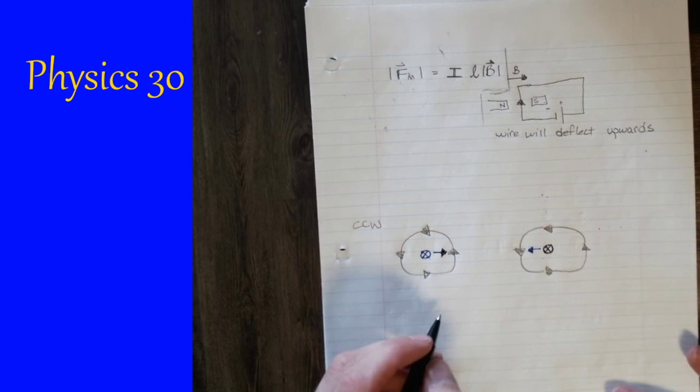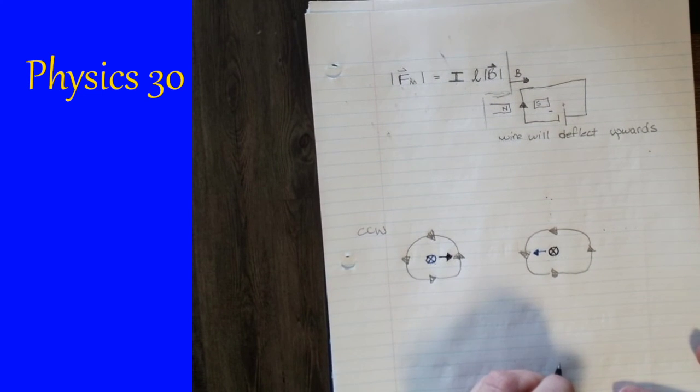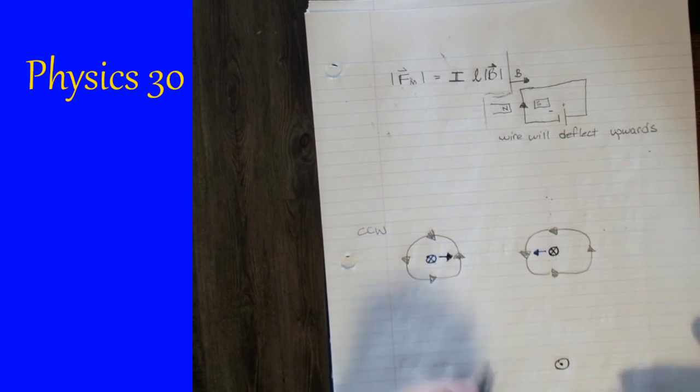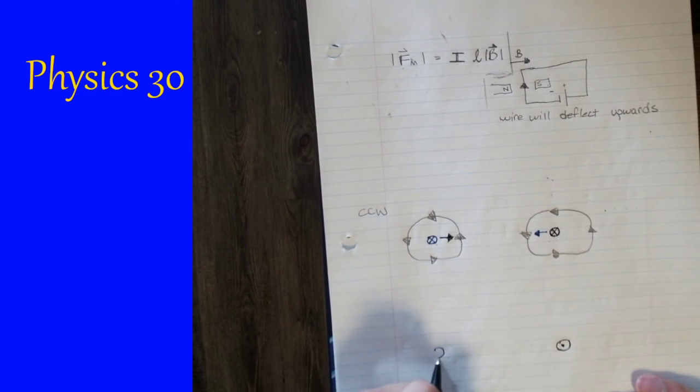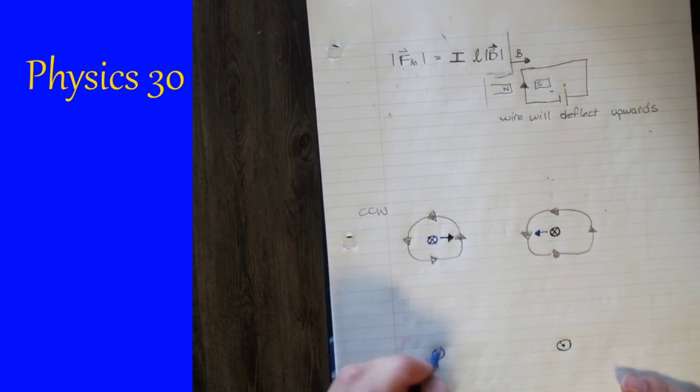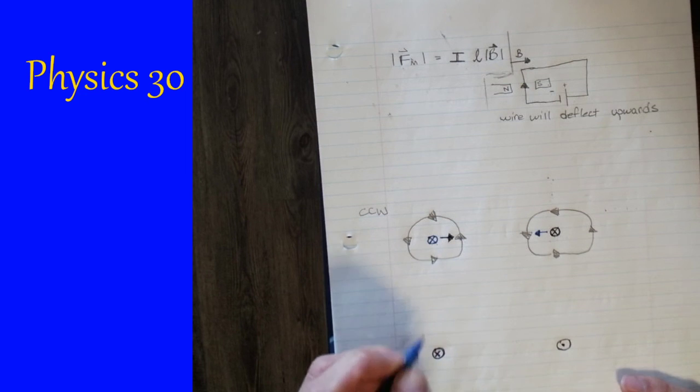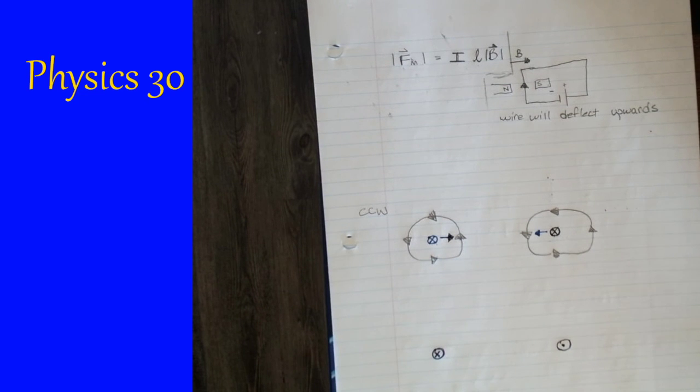Conversely, you can have two wires where one flows out of the page and the other flows into the page. We'll do that one in blue again. We can say, okay, well, let's kind of rinse and repeat the same idea.